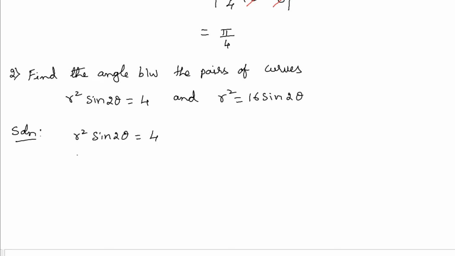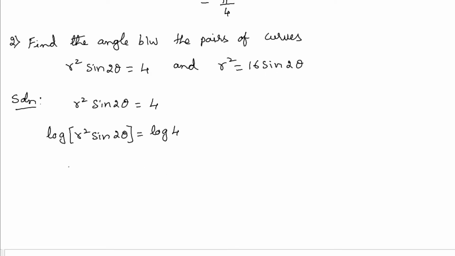Let us take log on both sides. We get log of r square sine of 2 theta is equal to log of 4. Using the properties of logarithm, we get log of r square plus log of sine of 2 theta is equal to log of 4.